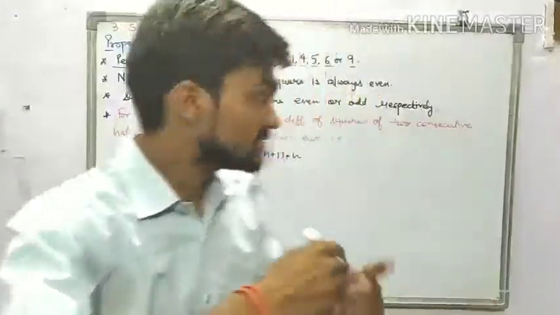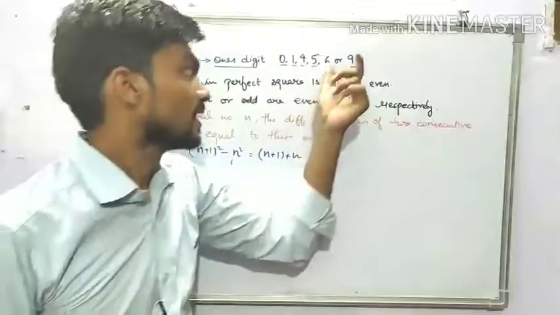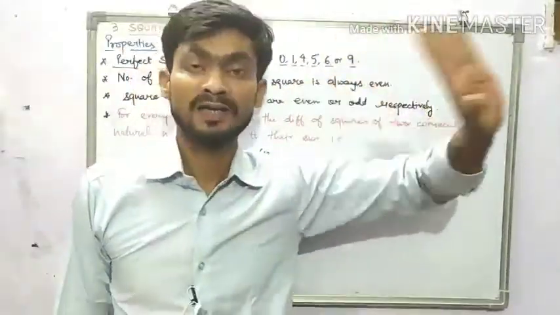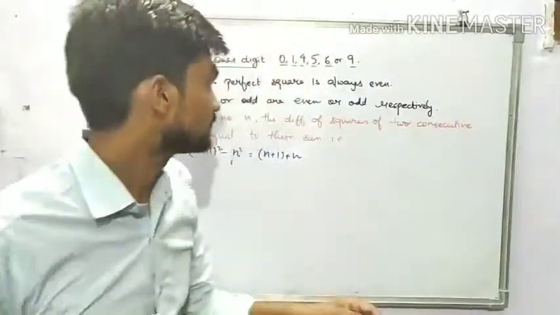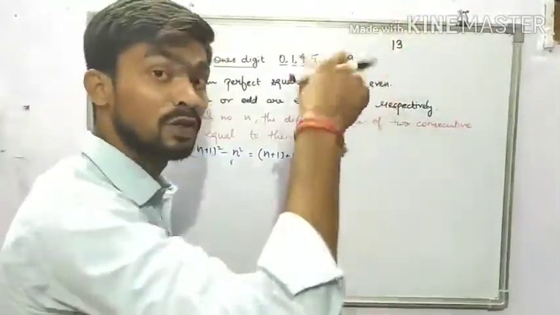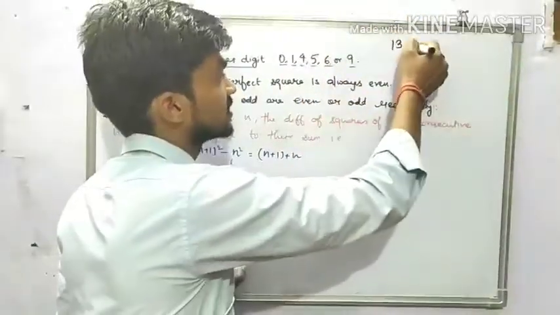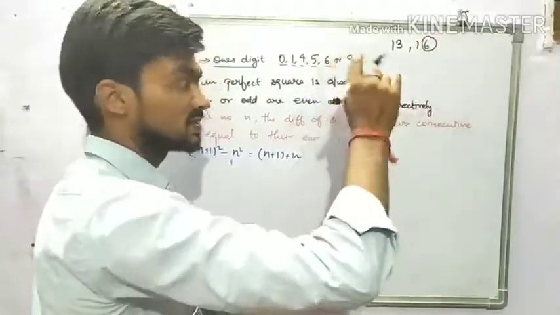Other than these digits, if any other digit is present, you may call it a non-perfect square number. For example, 13 is not a perfect square, but 16 is a perfect square. Why? Because 6 is at the last.